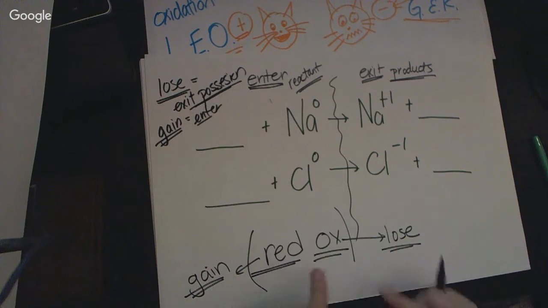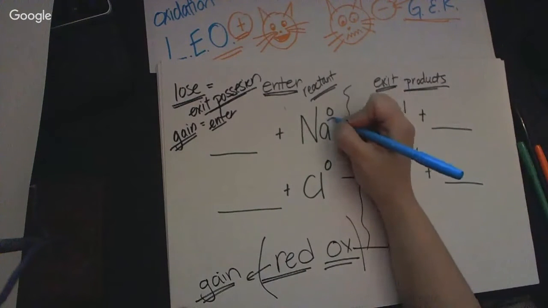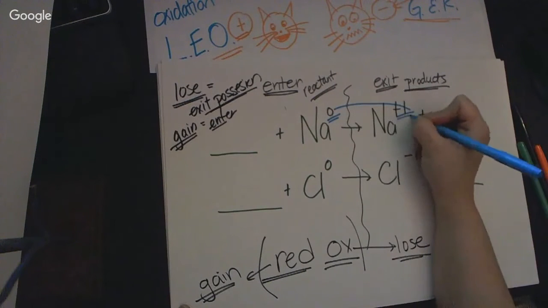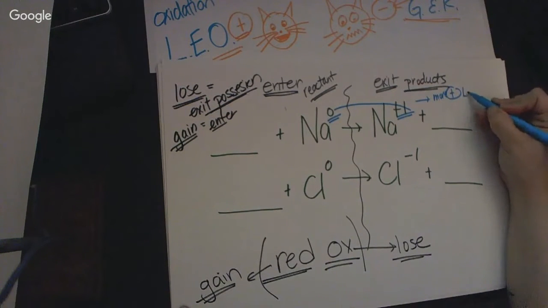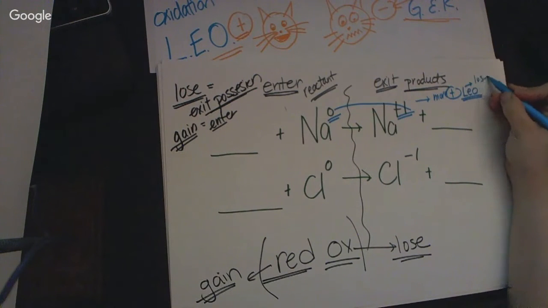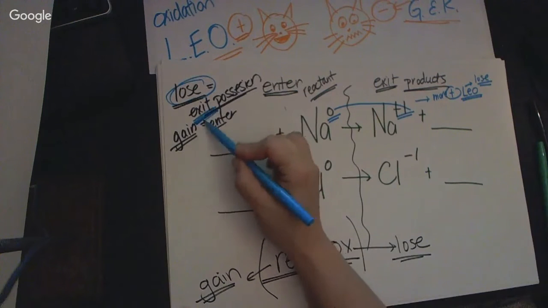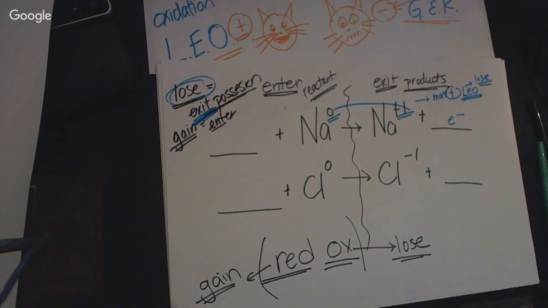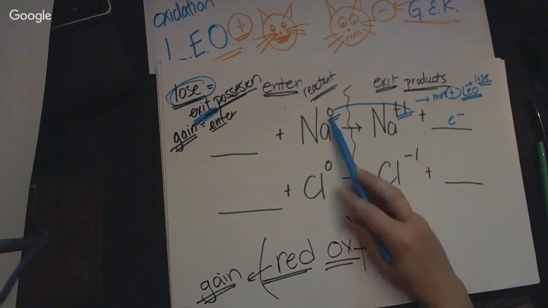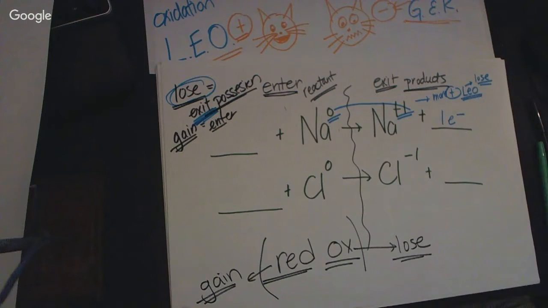So let's take a peek at what we have going on here. This is sodium 0 becoming sodium +1. Well, more positive, I think of Leo, who's a really happy lion, which means that I am losing. And if I lose, it is exiting my possession, which means I am going to put the electrons on this side. And this is a 1 number change on the number scale, which means that I lost 1 electron.